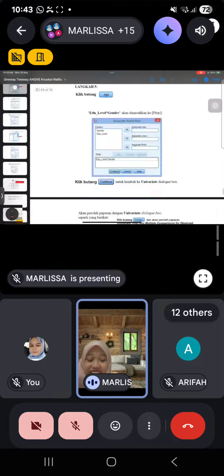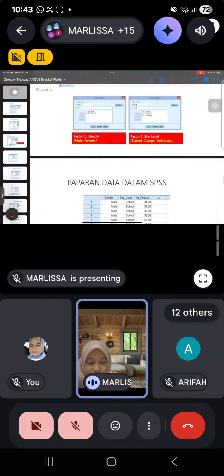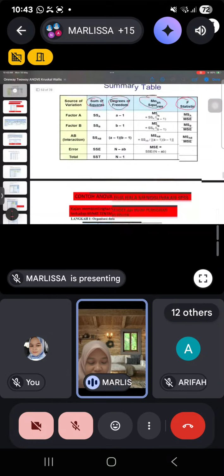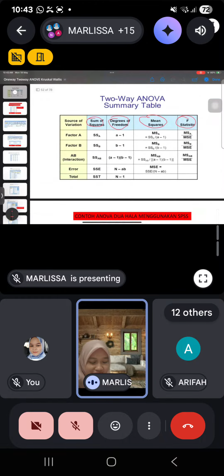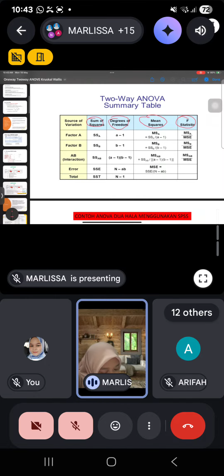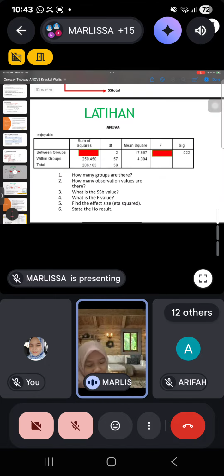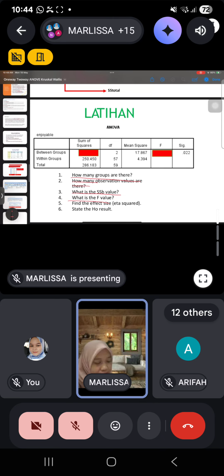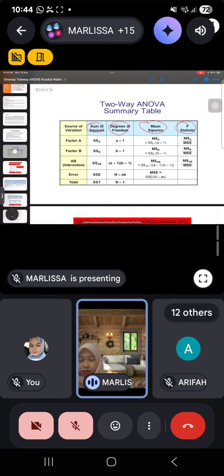But in case they ask you to find the value, what is the SSA, what is the SSB, how many groups are there, how many observations are there, you can refer to this table.